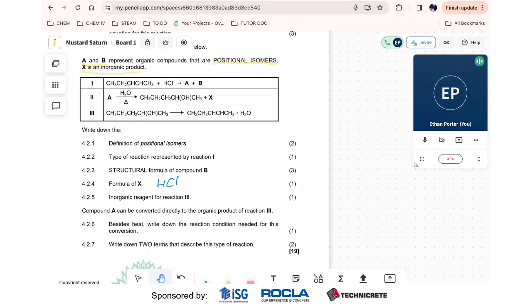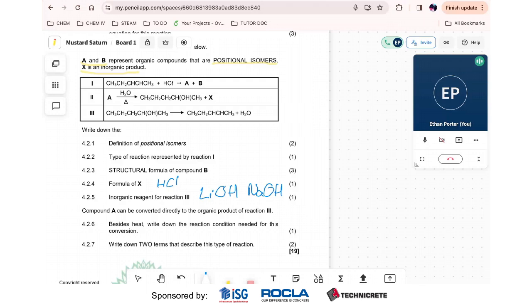Unfortunately, you just gotta know this. It's strong base. You could just say concentrated strong base or strong base. It has to be strong though, it can't be dilute. So whether you say strong or concentrated, any base works. There's a whole host of options. You can say lithium hydroxide, sodium hydroxide, any case. But unfortunately, you just have to know that an alcohol plus strong base is going to give you an alkene and water.